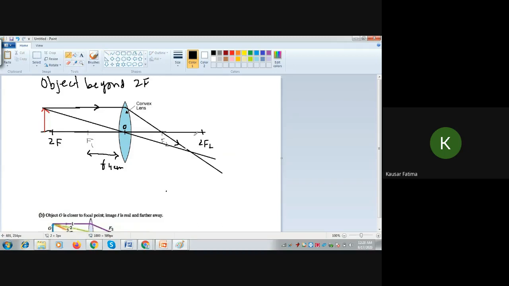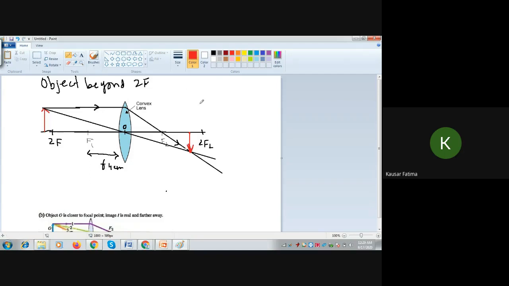It means the image forms here at this point. Since the ray coming from the top appears at the bottom, they intersect at the bottom, it means the image is inverted. The bottom will appear here and the top will appear at this point.